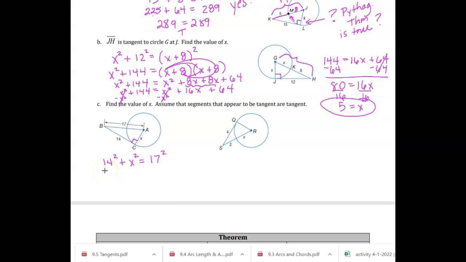So 14 squared is 196, and then 17 squared is 289. So subtract 196.